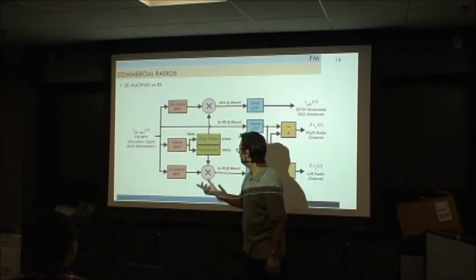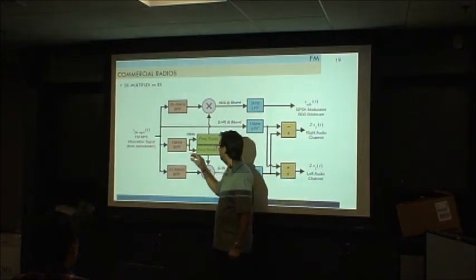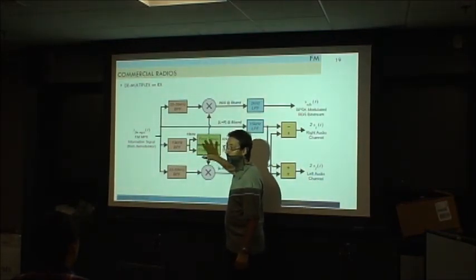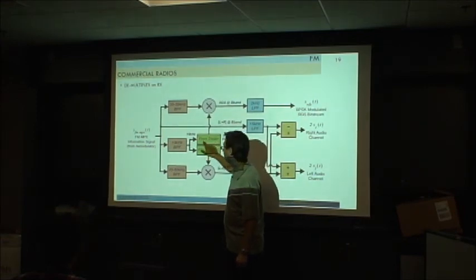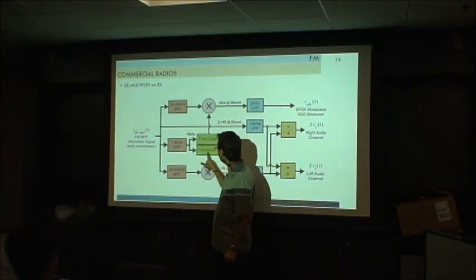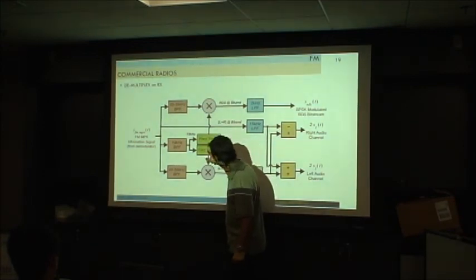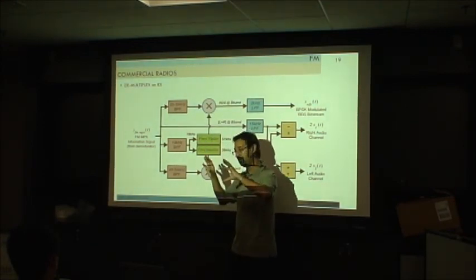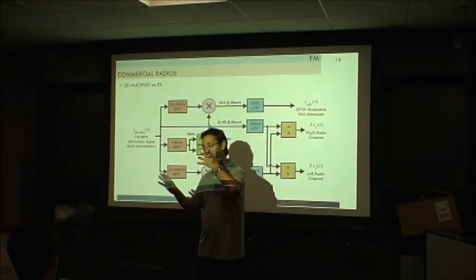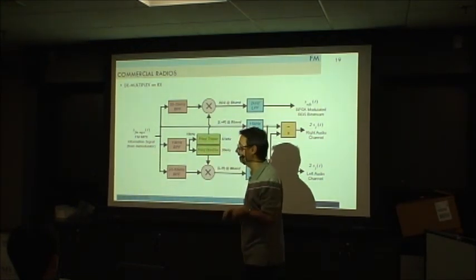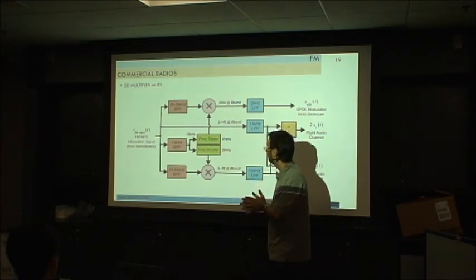When we recover that tone, we will have a PLL that will try to follow this tone. And here we will have another PLL that will try to follow this PLL. So it's just one PLL following, and the other is following the double of the previous PLL. Something like that is how you implement it.